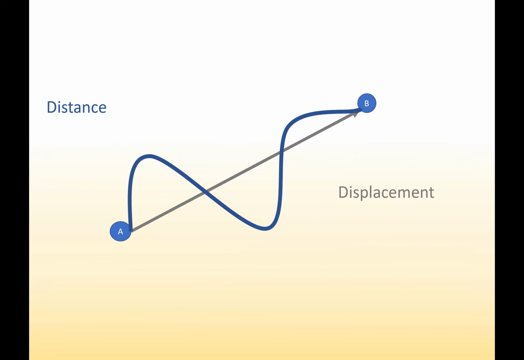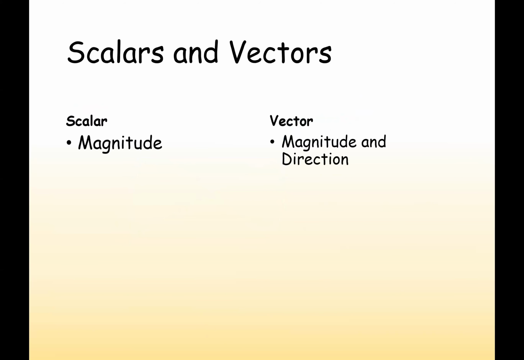Okay, so displacement is actually how far it is from A to B, and distance is along the road, the actual distance that we travel. And the difference between these two is one is scalar and one is vector. Scalar quantities just have magnitude, so just have size, and vector quantities have magnitude and direction.